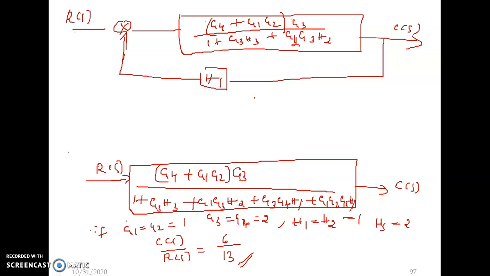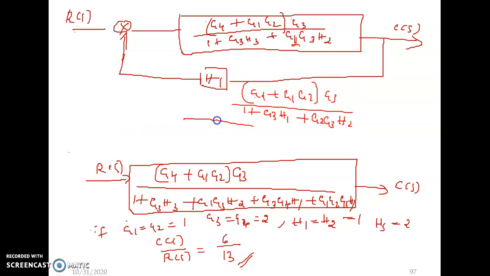So it can be reduced as G4 plus G1 G2 into G3 by 1 plus G3 H3 plus G2 G3 H2 whole divided by 1 plus G4 plus G1 G2 into G3 by 1 plus G3 H3 plus G2 G3 H2 into H1.